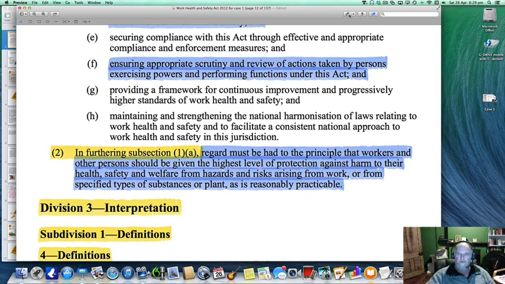God damn, that's that thing that's coming up again. Make that one green. So that's interesting. We keep seeing these recurring things. As it turns out, reasonably practicable is a term that's commonly used in all aspects of workplace health and safety.